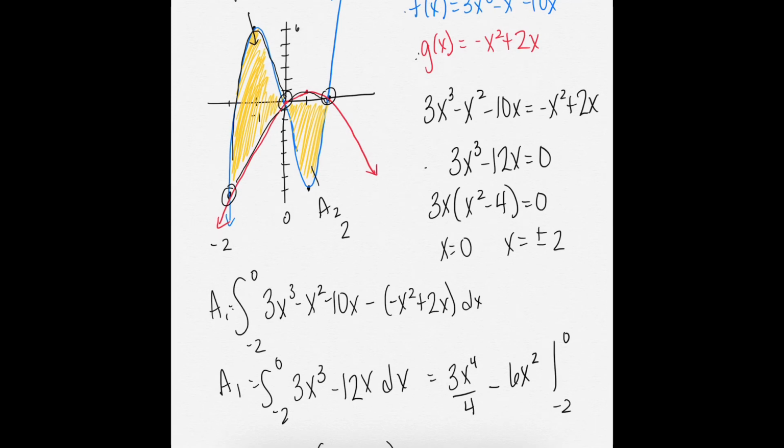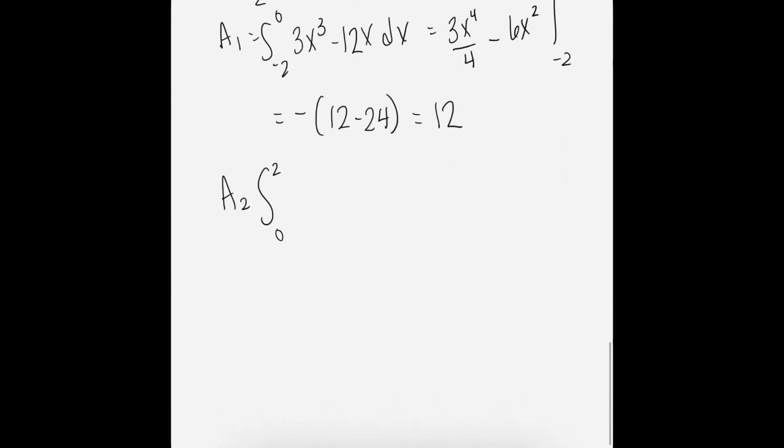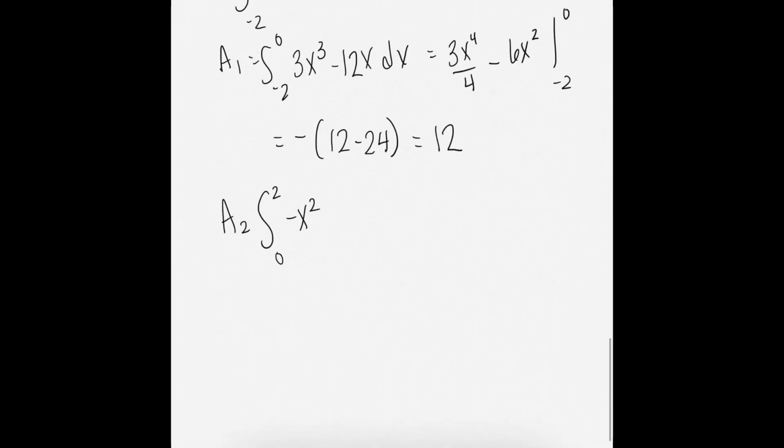So we're going to take the red one and subtract the blue one, g of x minus f of x. g of x in this case is -x squared plus 2x. Then we're going to subtract f of x because it's the lower function. Again, notice I did have to have those parentheses there.